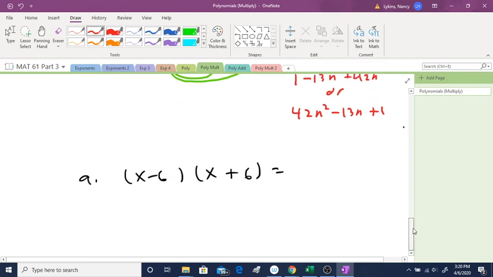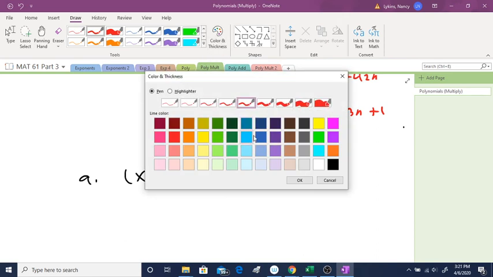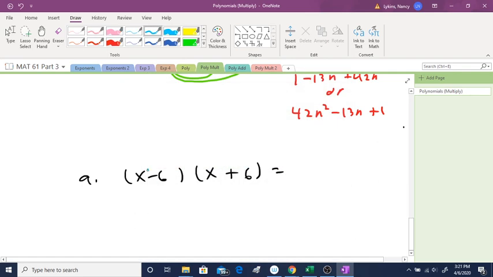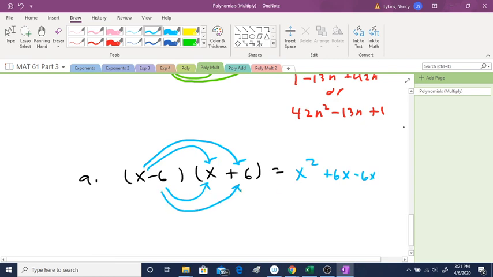And finally, here's a special case. Let's take a look at this one. I've got x minus 6 times x plus 6. I'm going to do the same type of thing. x times x is x squared. x times a positive 6 is a positive 6x. Negative 6 times x is minus 6x. And finally, negative 6 times 6 is a minus 36.